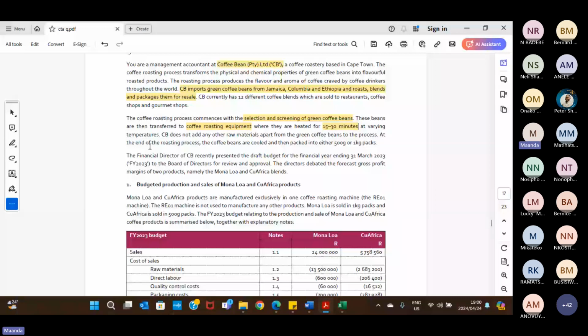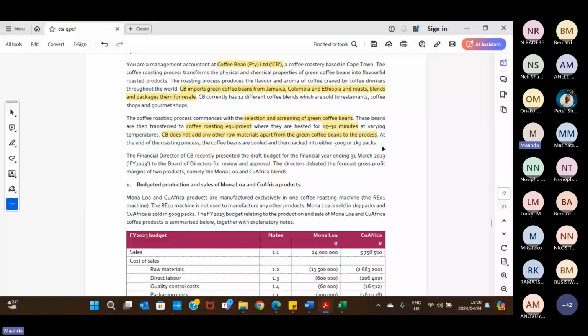CB does not add any other raw materials. That's good, because if there were a lot of materials, I would have to worry about all of that. Now I just have to worry about the coffee beans being the only material. So CB does not add any other raw materials apart from the green beans to the process. We don't add anything else.